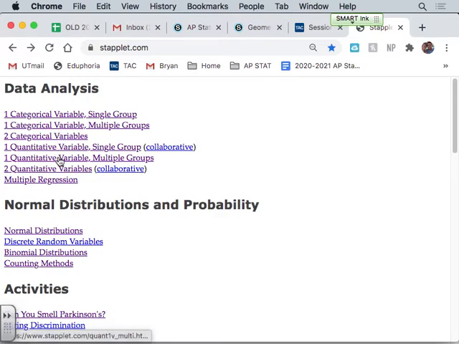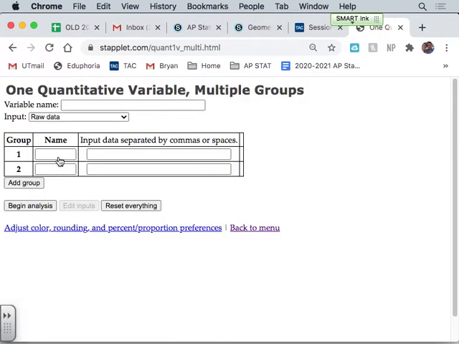So we're going to use multiple groups. That's the Statplet for us. So this would be shoes, and I have females and males.